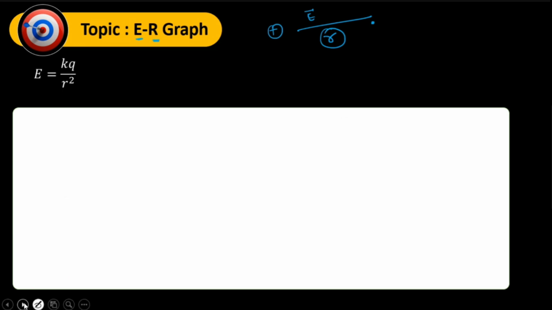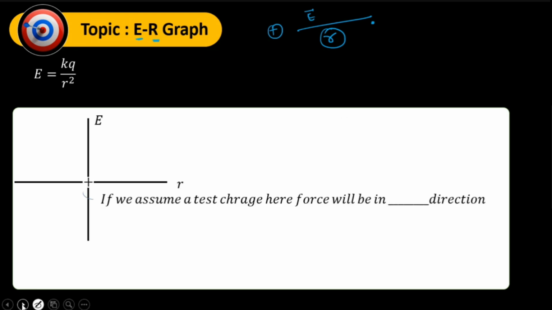So we know the electric field is nothing but kq by r square, and we have E as the y-axis and R as the x-axis. Then we assume that there is a charged particle placed at this point. Force will be in some direction.